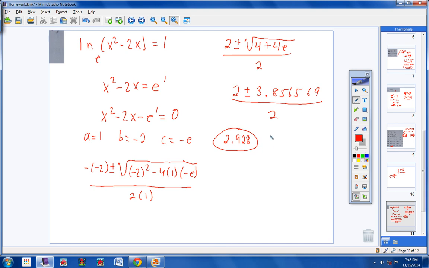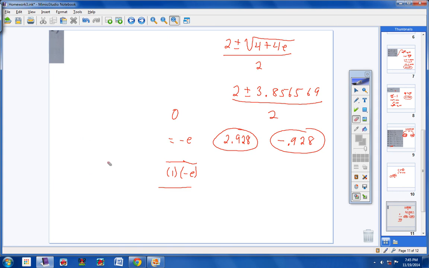Let's see here. It'd be 2 minus 3.856569 divided by 2, you get negative 0.928.